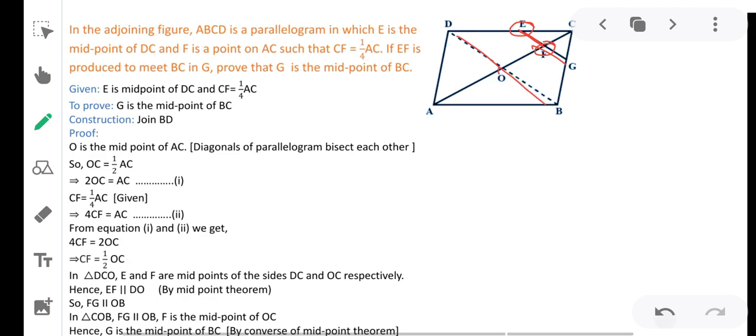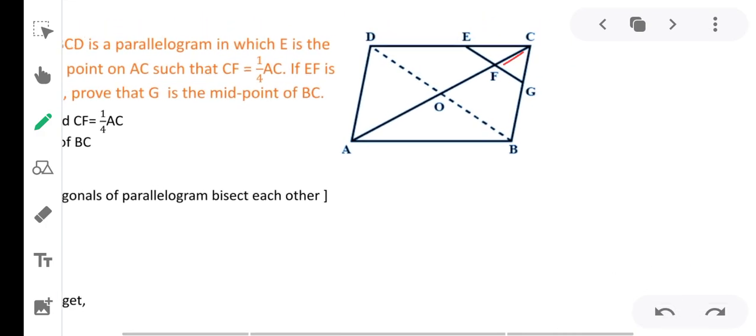Clear? Now in this triangle COB, F is the midpoint of OC, and we proved that FG parallel to OB. Now by converse of midpoint theorem, that is theorem number 2, the straight line drawn through the midpoint of one side of a triangle parallel to the other side bisects the third side.